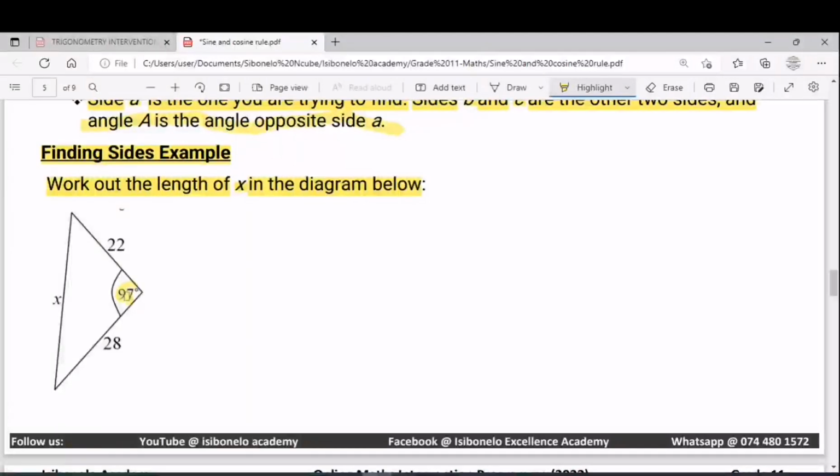Uyithathe from ekuqaleni ukuthi okay, angikwazi ukusebenzisa i-Pythagoras theorem, usho isizathu sakhona. Angikwazi ukusebenzisa ama-trig ratios, isizathu sakhona. Angikwazi ukusebenzisa i-sine rule, isizathu sakhona. Then ngisebenzisa i-cosine rule, because there is an angle and two sides, angle in between one. That is why sisebenzisa the cosine rule.